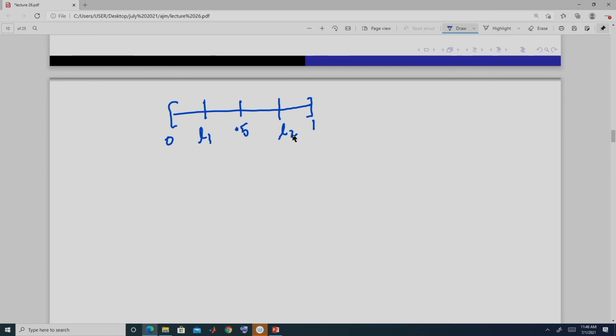Is any point here lying between 0 and 0.5, any point here lying between 0.5 and 1, optimal? Is any point optimal? So, L1 lying between, this point is suppose not included.